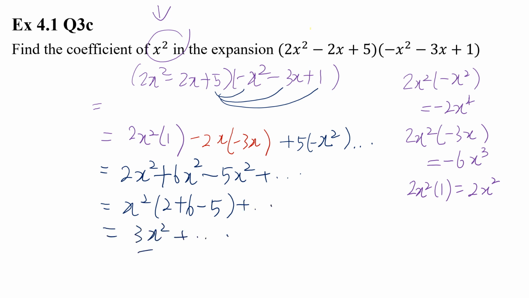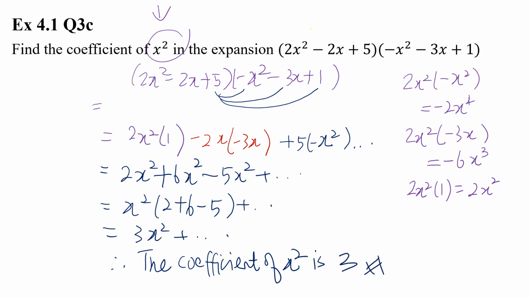So therefore the coefficient, which means the number in front of your x squared term, so therefore the coefficient of x squared is 3. All right, that's how you solve these questions.